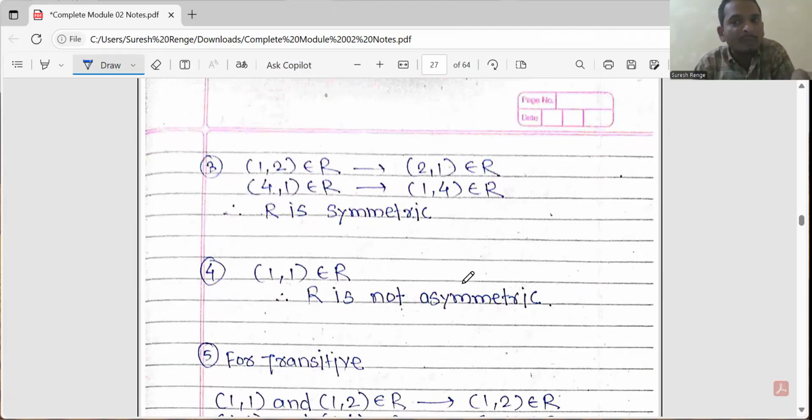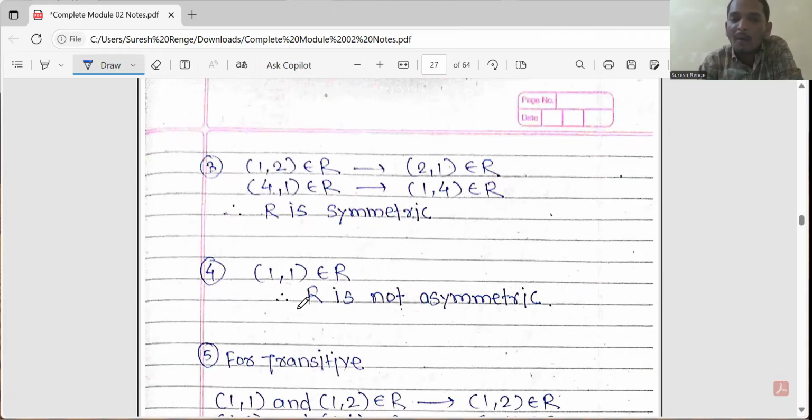But there is a difference between anti-symmetric and asymmetric relations. In an anti-symmetric relation, self-related elements are allowed, meaning self-related elements can also be available. But in an asymmetric relation, self-related elements do not exist. If A is related to B, then B is not related to A.